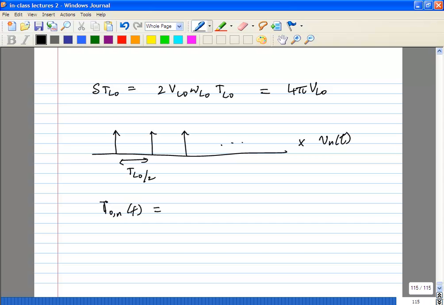Actually, I'll give this capital. And the noise spectrum is going to be 4 It over S T times Vn of f.